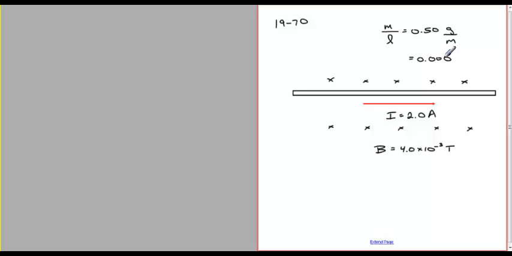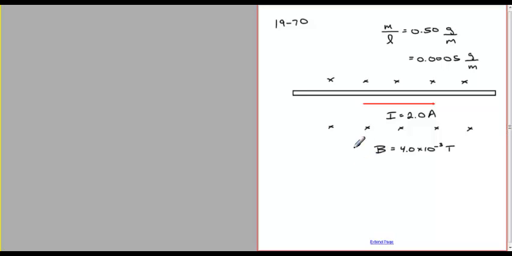So we're going to divide by 1,000, which means we're going to add 3 zeros in there. Let's make sure that's correct.